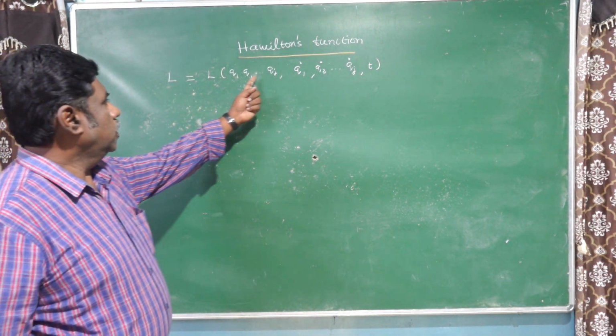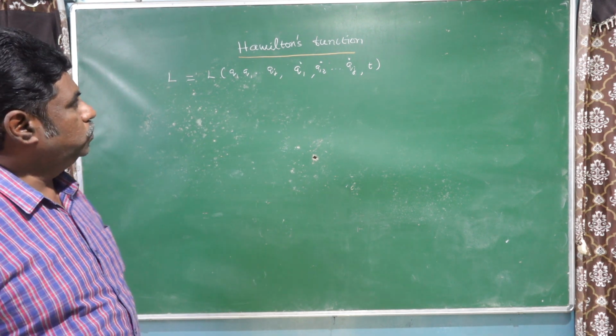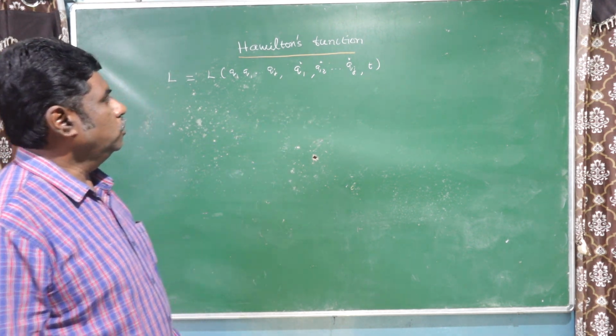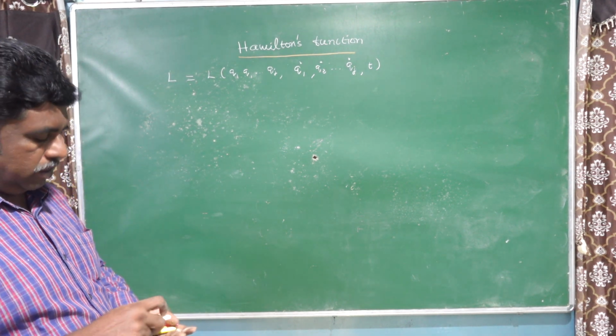These are all the generalized coordinates q1, q2, qj. Then this is our generalized velocity q1 dot, q2 dot, qj dot. Then t is our time.